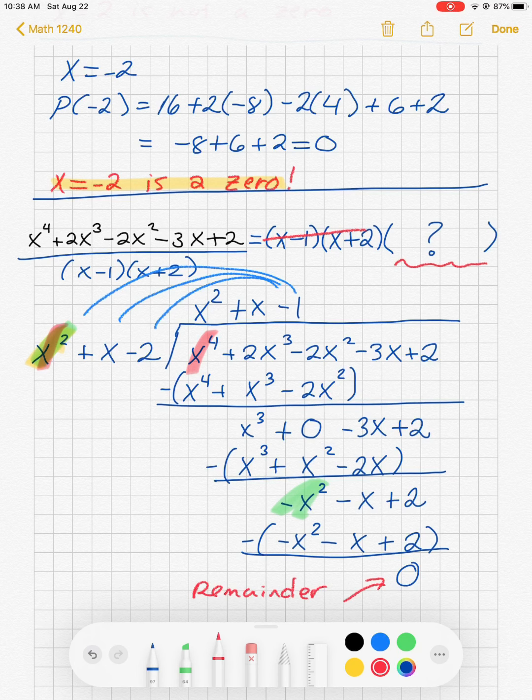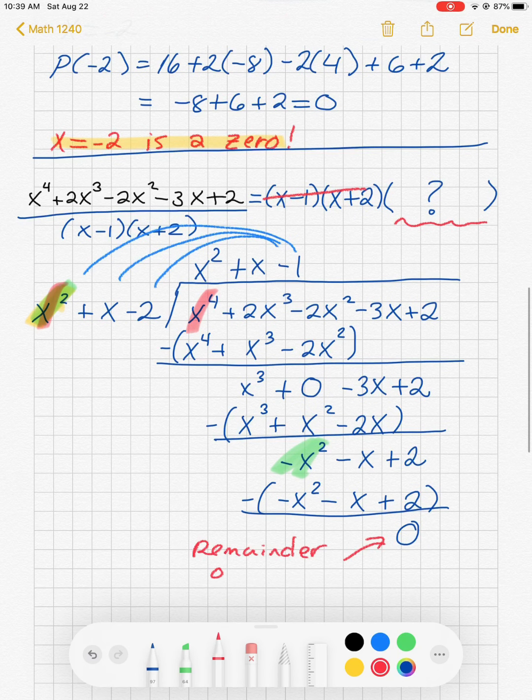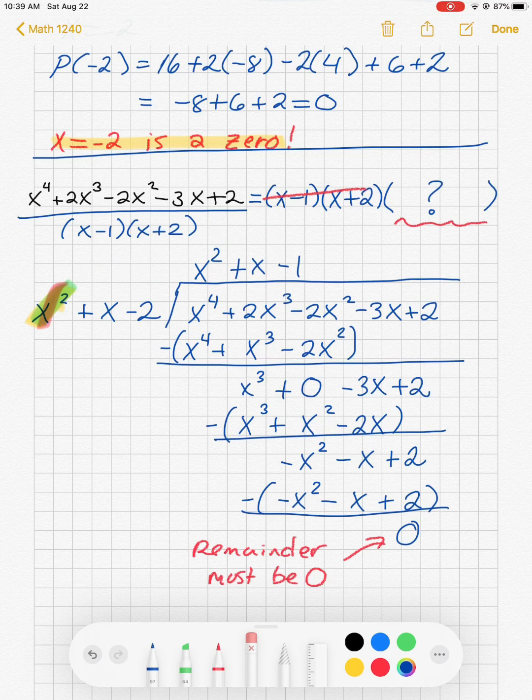Why is that? Well, because look. Otherwise, something's wrong. Because look back up here. This is what we're looking for, right?